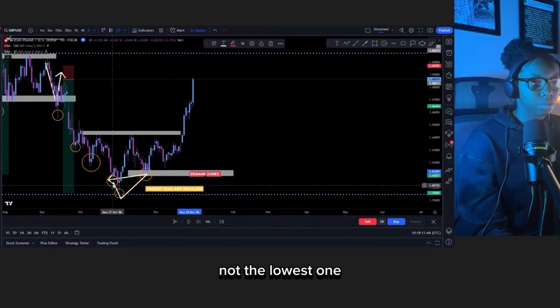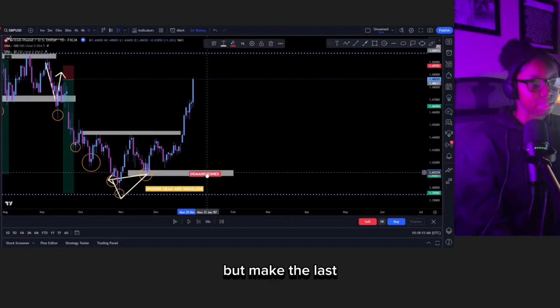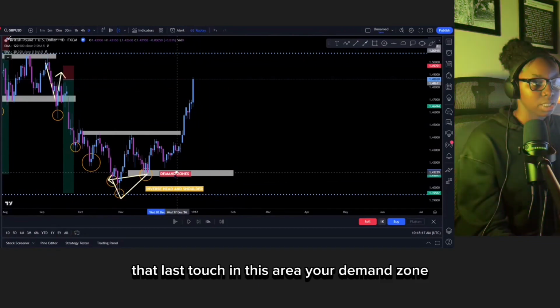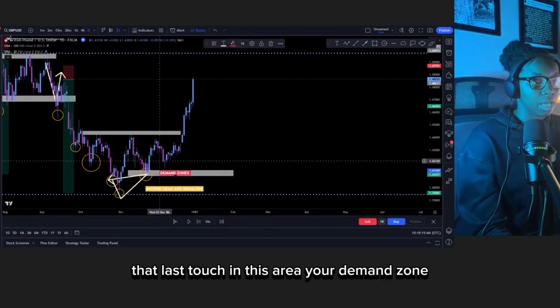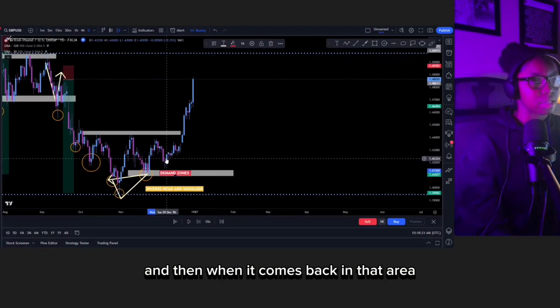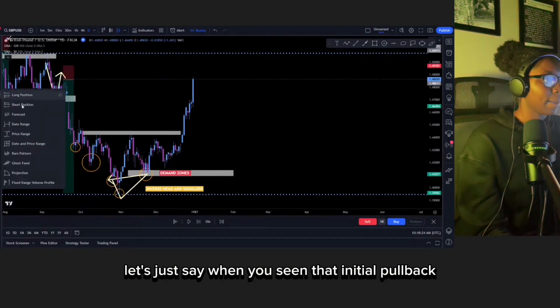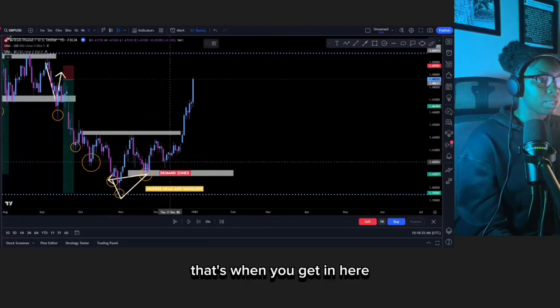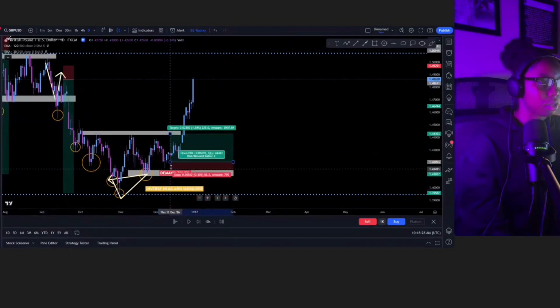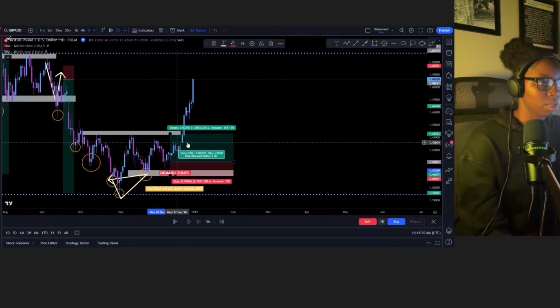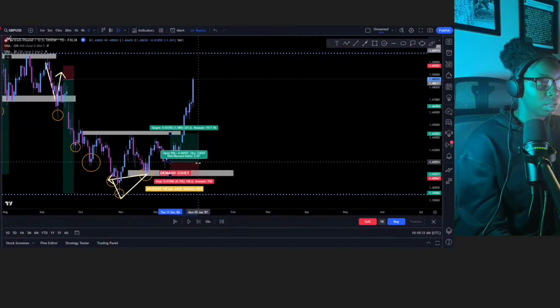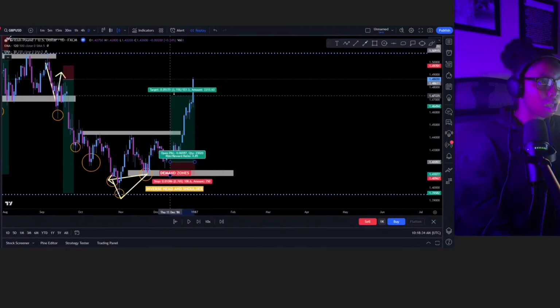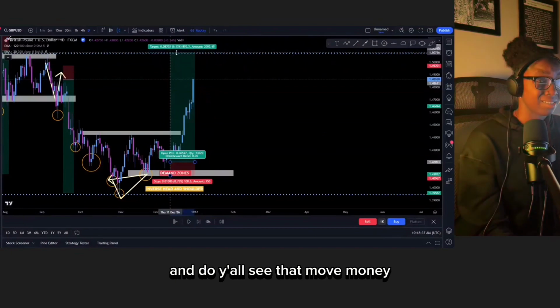So that way, not the lowest one, but make that last touch in this area your demand zone. And then when it comes back in that area, let's just say when you've seen that initial pullback, that's when you get in here. And do y'all see that move?